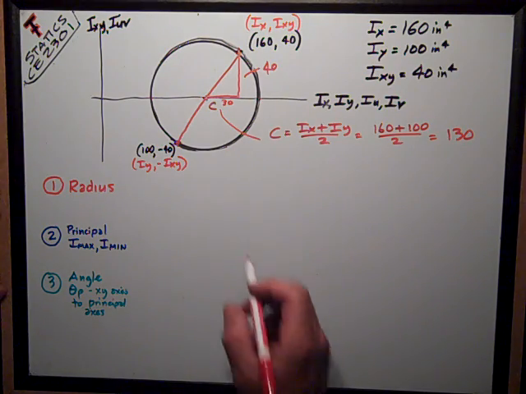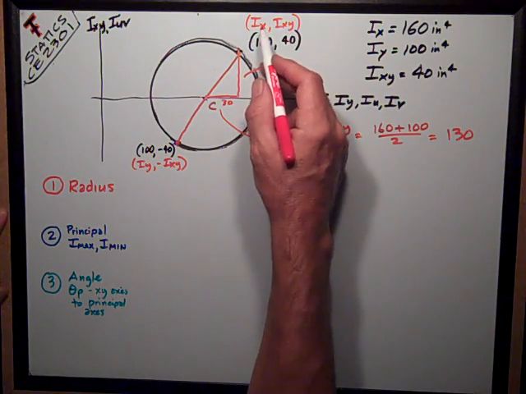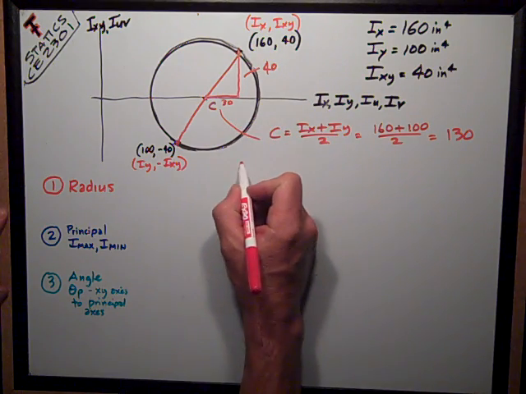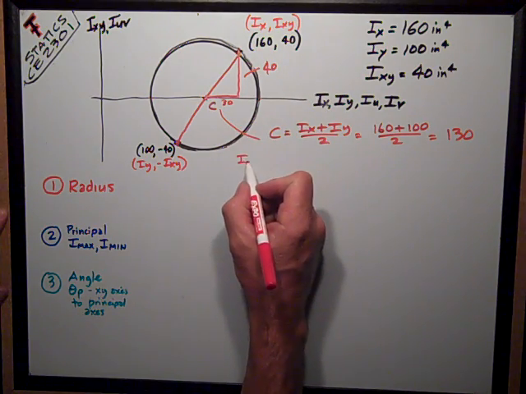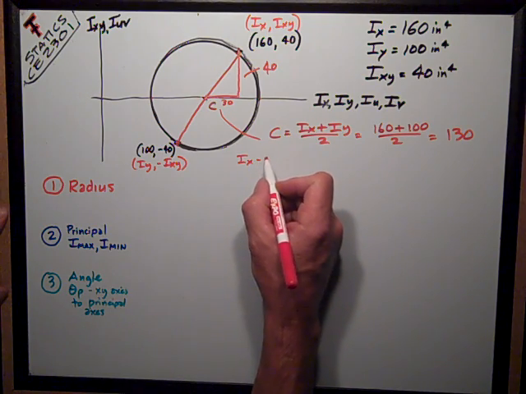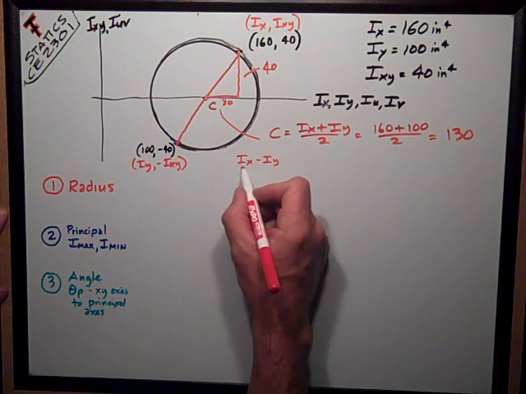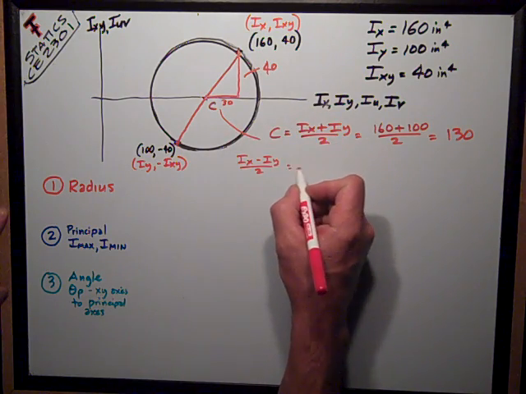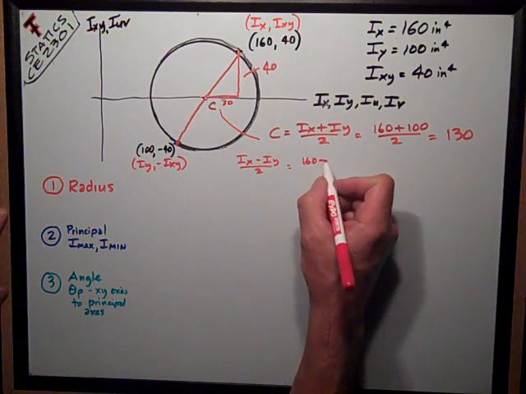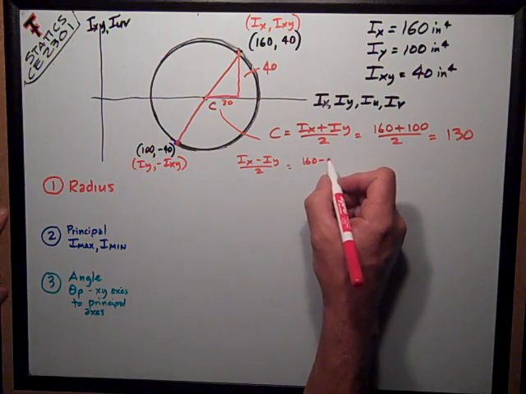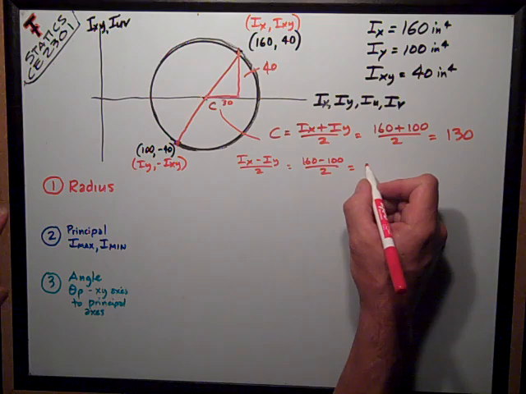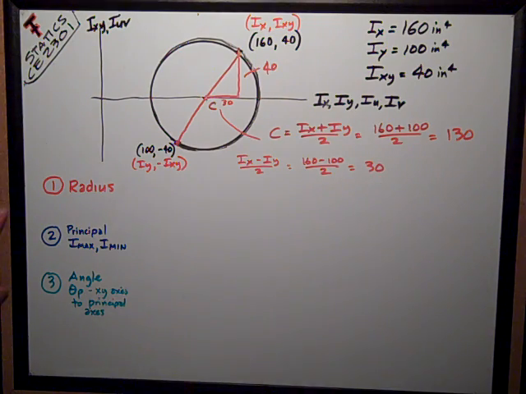I could also figure that with the equation Ix minus Iy divided by 2: 160 minus 100 divided by 2 is also 30.